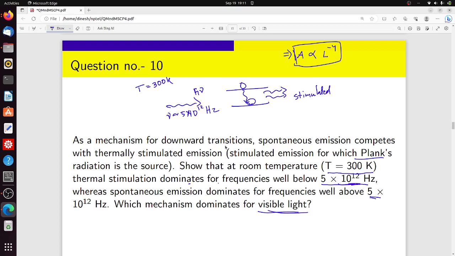The hint is given: downward transition, so it will always be emission. So there will be spontaneous emission and stimulated emission. So we have to find the ratio of N1 and N2? There is no information about N1 and N2, so you can consider N1 and N2 as one. There is one particle system.